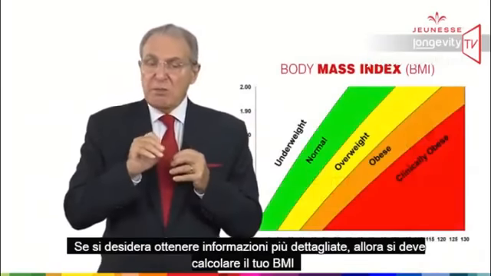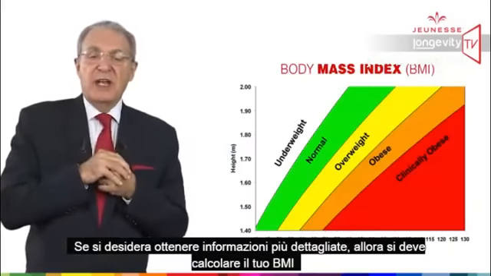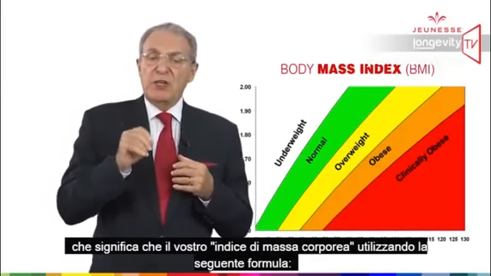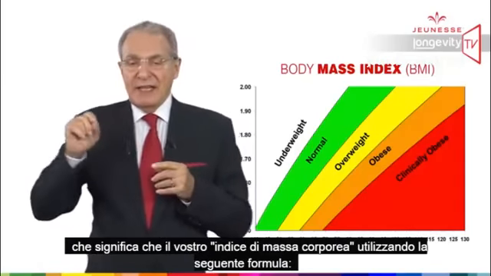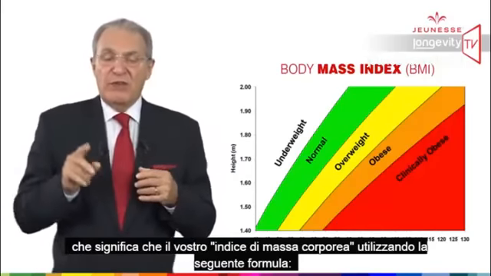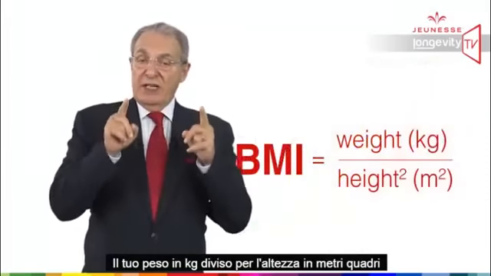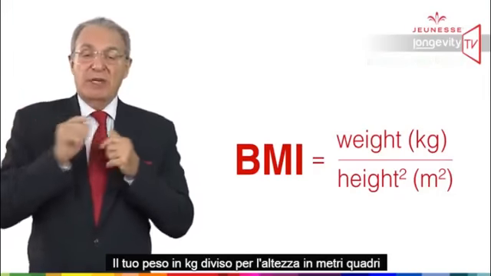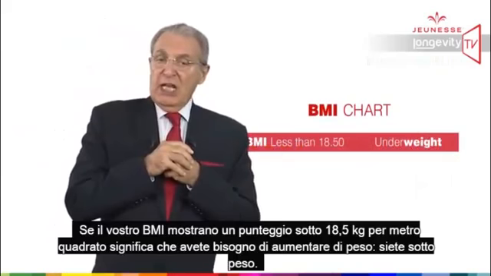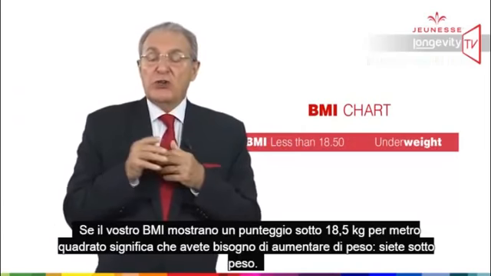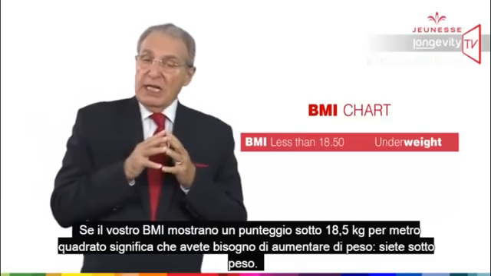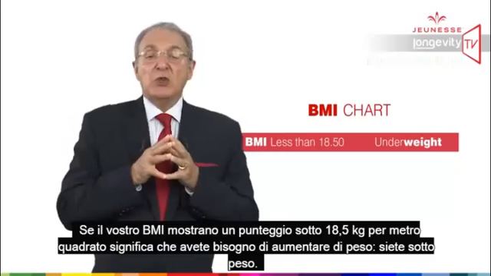If you wish to get more detailed information, then you have to calculate your BMI, which means body mass index, by using the following formula: your weight in kilos divided by your height in square meters. If your BMI score is under 18.5 per square meter, it means that you need to gain weight.